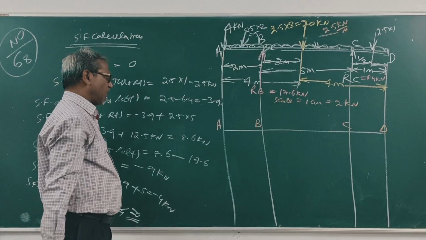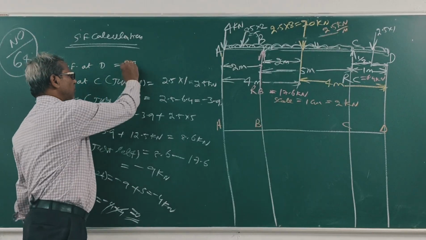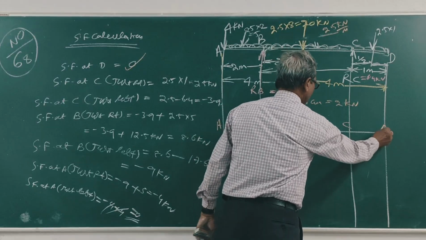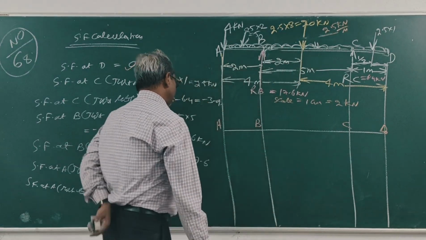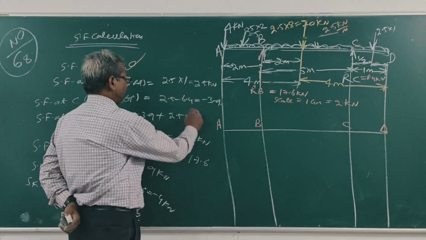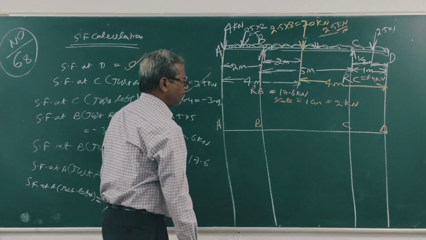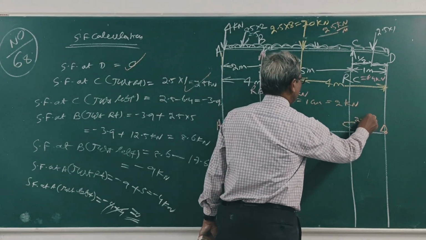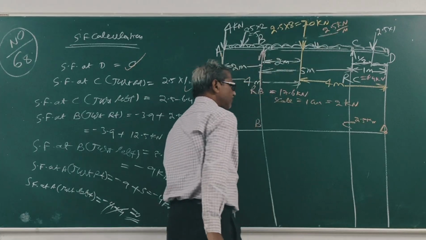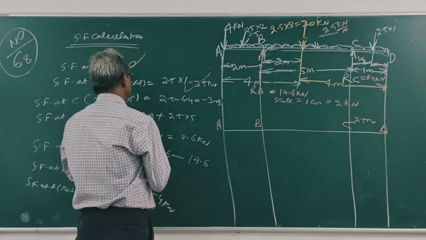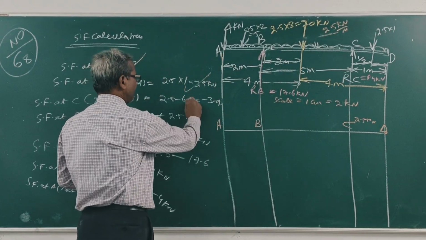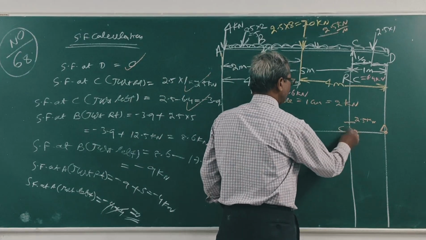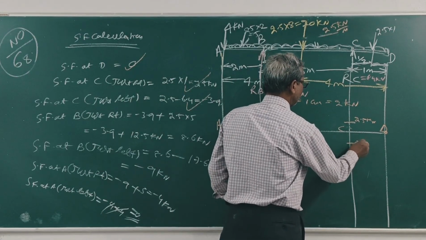Now D 0. At C just right, plus 2.5. C just left, minus 3.9.